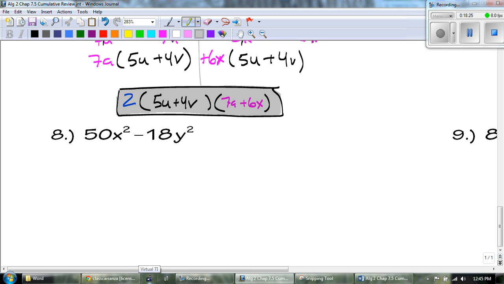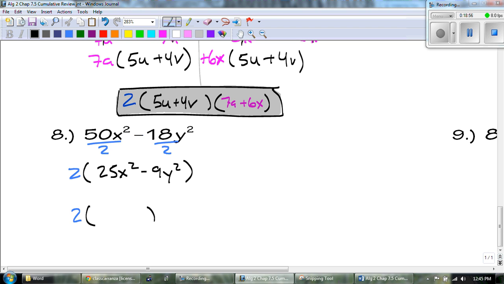All right, now a lot of you guys might be like, well, it's a quadratic binomial with subtraction, so I can take square roots. Take out the GCF first, guys, come on. All right, so 2 can go into both of those. The 2 comes out front, and then I'm left with 25x squared minus 9y squared. Now it's a quadratic binomial with subtraction, and I can take the square roots, okay?